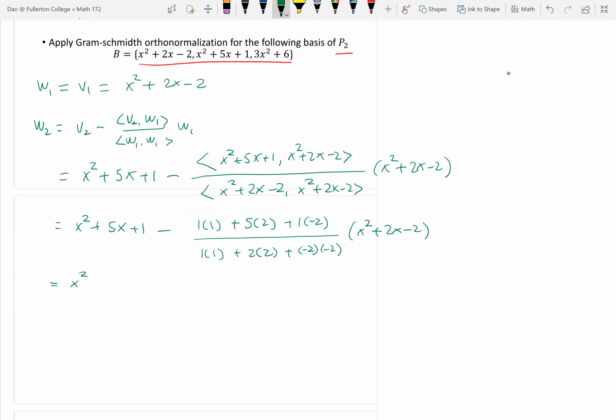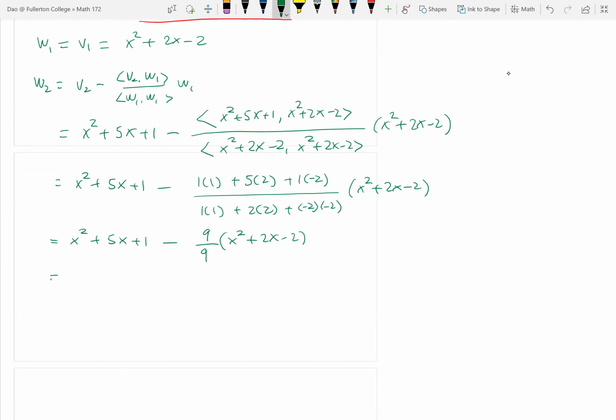So we get x squared plus 5x plus 1 minus, so that's 1 plus 10 is 11, 11 minus 2 is 9, 9 over 9 is 1, and x squared plus 2x minus 2. So we get x squared plus 5x plus 1 minus x squared minus 2x plus 2.